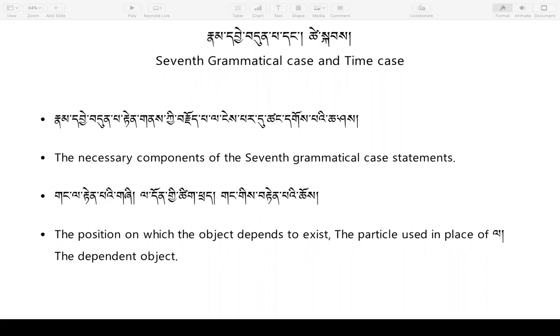These three, and when we analyze these components of a statement, if it contains the position on which the object depends to exist, the particle used in place of la, and finally, the object which is dependent on that position, if we're able to establish those things in a sentence, then we consider that to be a statement of the seventh grammatical case.